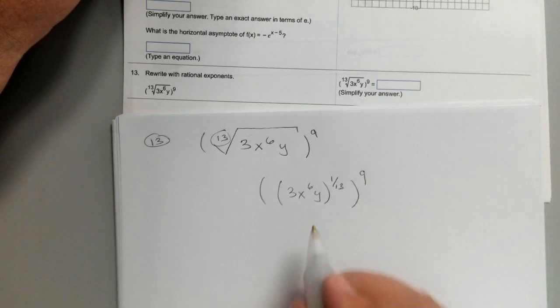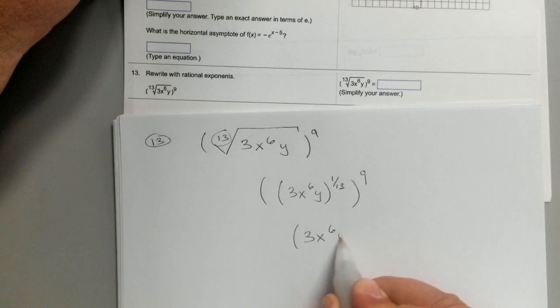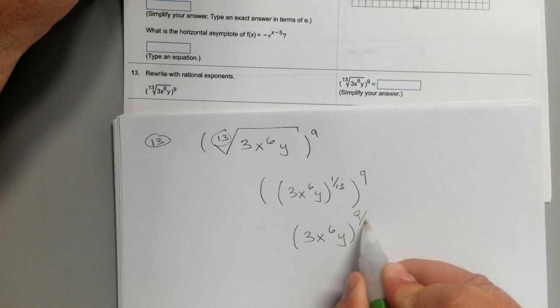We have a power to a power. You multiply them. 9 times 1 over 13 is 9 over 13.